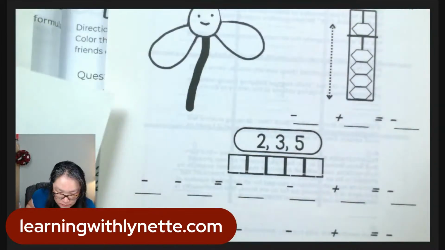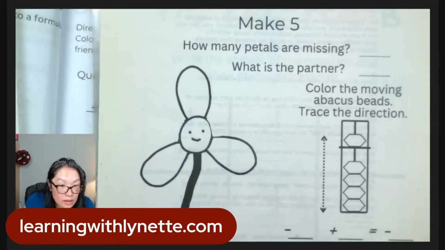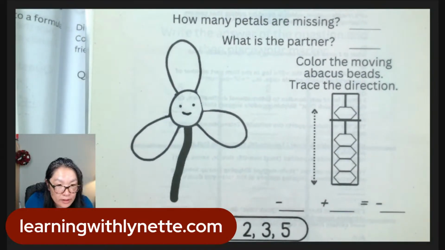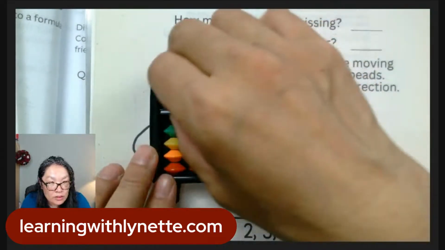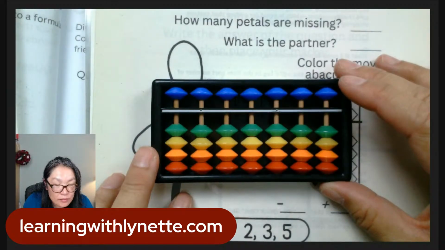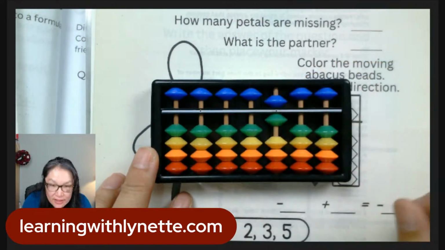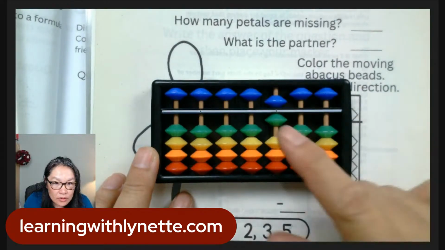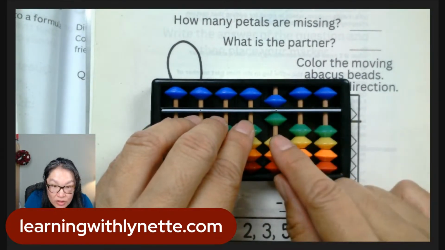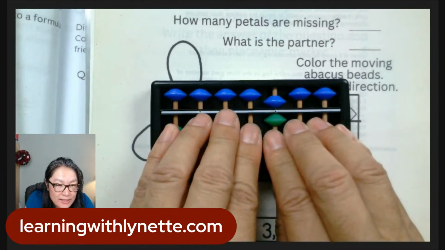How are we doing? So this one was an exercise. How do we not have enough beads to take away the 3?